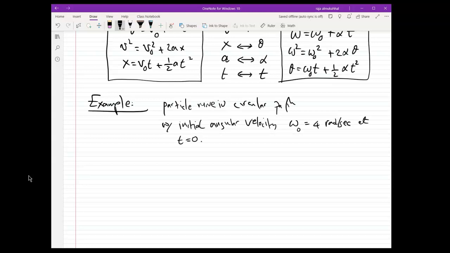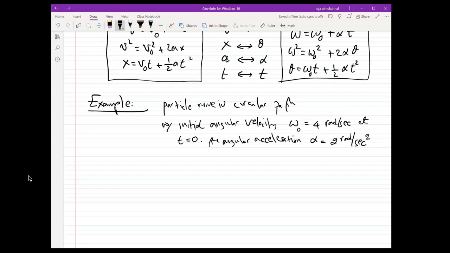And the angular acceleration alpha is equal to 2 radians per second squared. Okay?